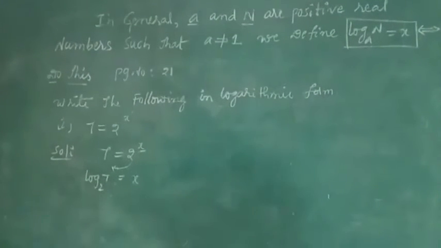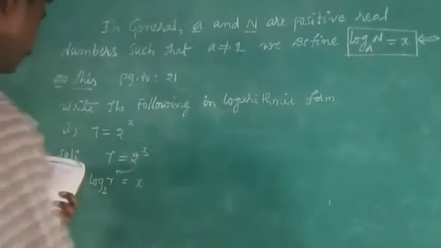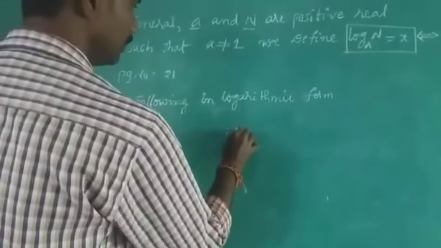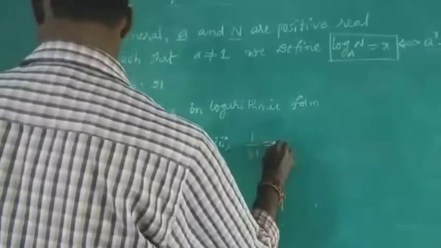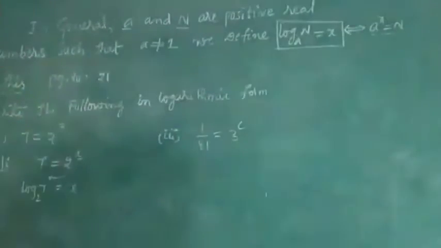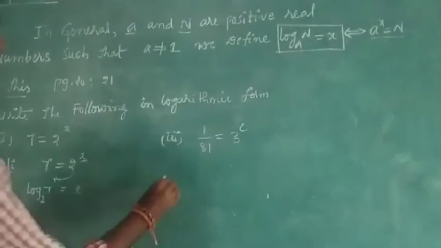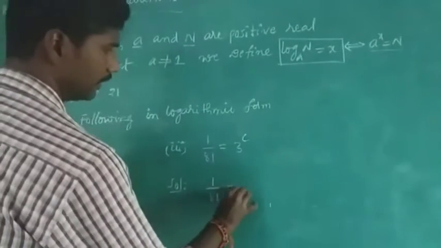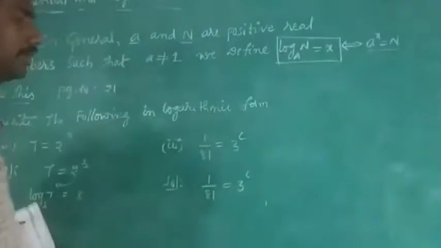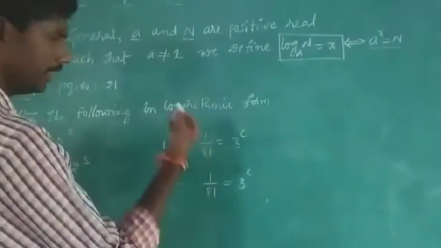Then similarly, we go for the third one. What is the third one? 1 by 81 is equal to 3 to the power of c. See, the question here is 1 by 81 is equal to 3 to the power of c. You need to write it in logarithmic form.